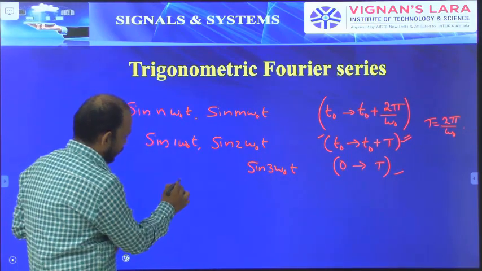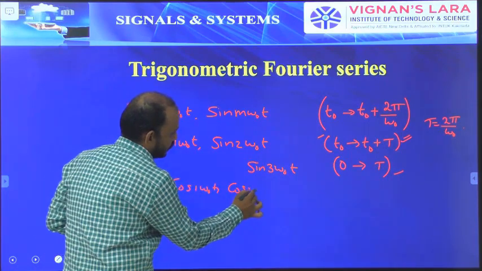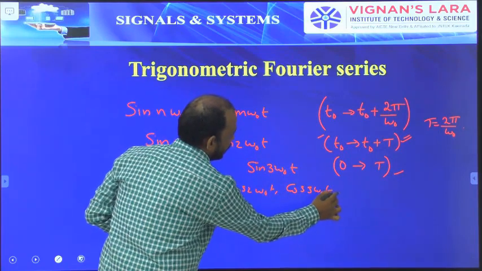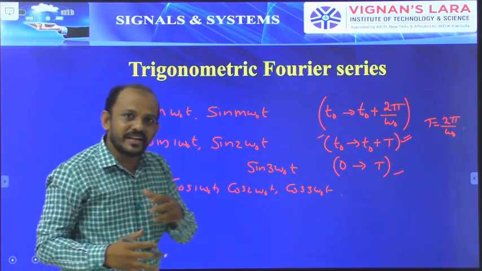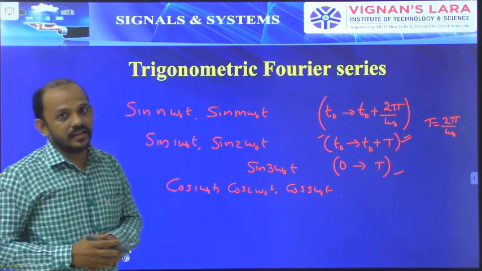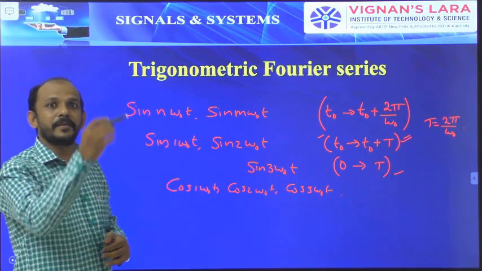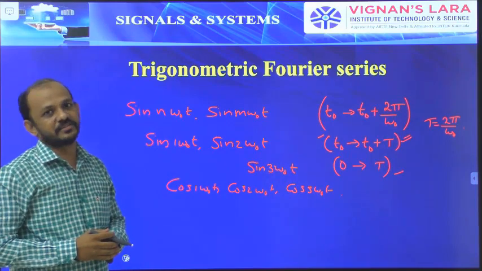That is, we have to add cos 1 omega naught t, cos 2 omega naught t, cos 3 omega naught t, and so on. If we add all these cosine terms to this set, then it becomes a complete set. Then I can represent a function x of t using this complete orthogonal set, as explained in the orthogonal signal space concept.